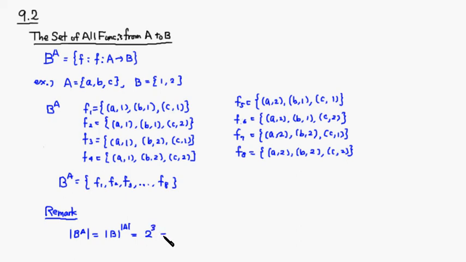So 2 cubed is 8, so you can see that there are 8 possible functions. So that's it. I hope that this was clear.